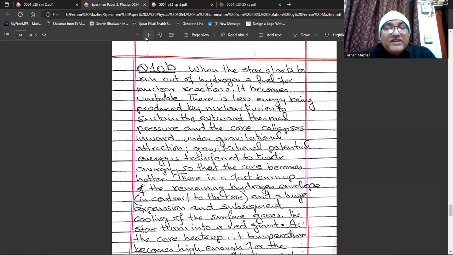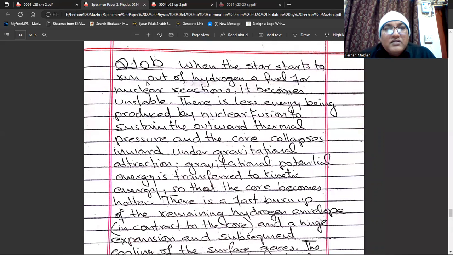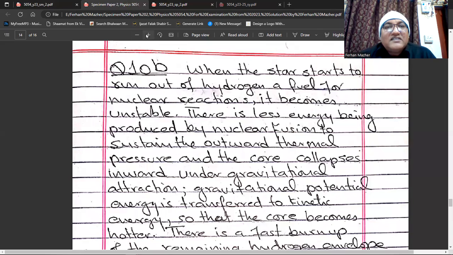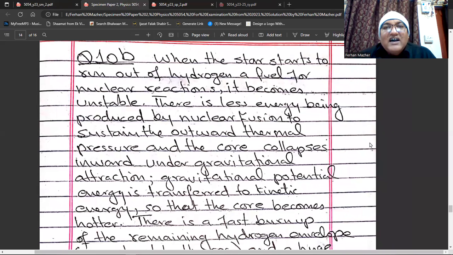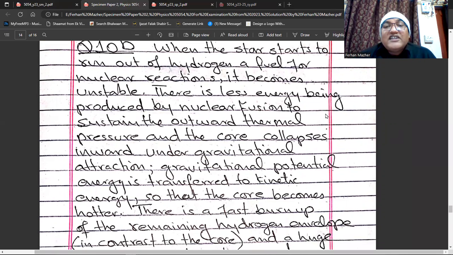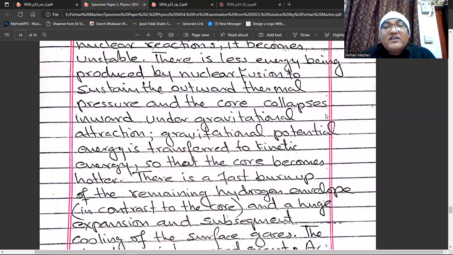When the star starts to run out of hydrogen, the fuel for nuclear reactions, it becomes unstable. There is less energy being produced by nuclear fusion to sustain the outward thermal pressure, and the core collapses inward.